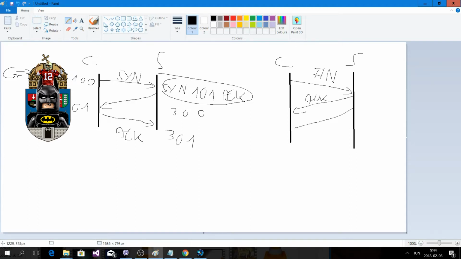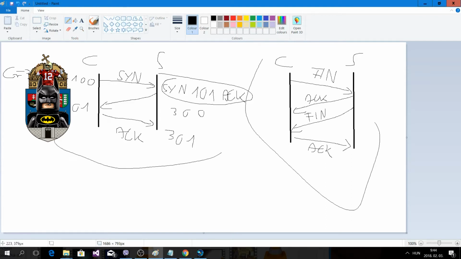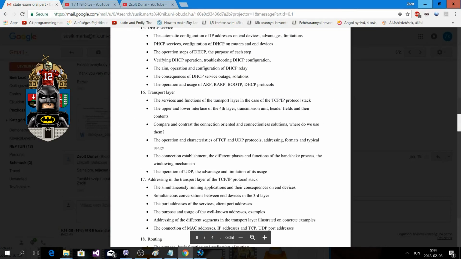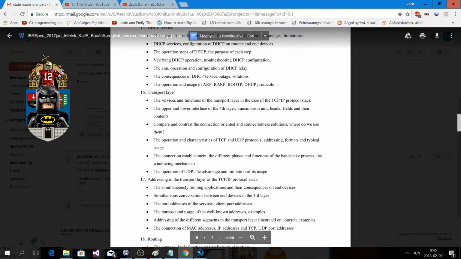The server will send its own finish flag as well, and the client will acknowledge that finish as well. Therefore, in this case the path will be terminated, and in the previous case the path was created. If something happens during the transmission, then it will be discarded, or if something happens, it will be recreated again. And basically that's all about it.